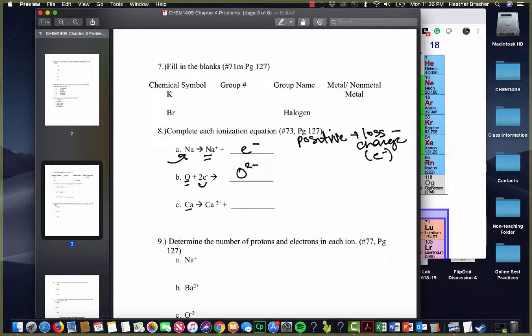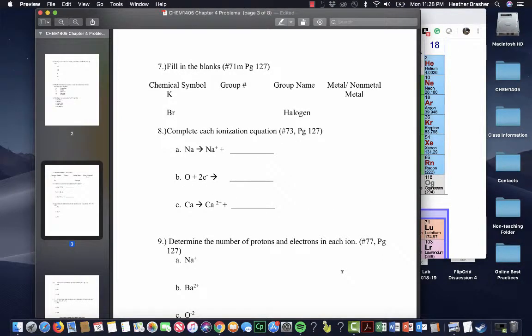For instance, calcium, when it ionizes, it goes into a positive 2 state. So basically, if you have 2 extra protons, right? And that means you essentially are going to have 2 electrons that you have lost. So this is how you write ionization equations for atoms that are ionizing.